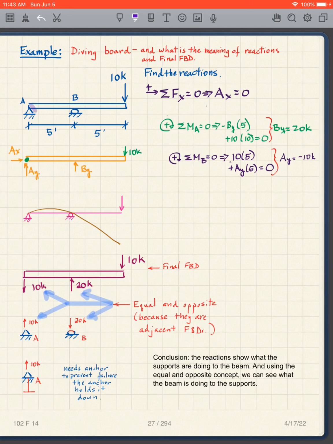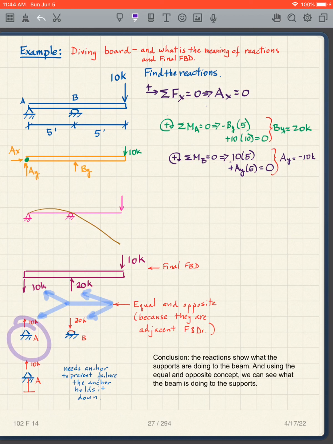And at this location, at the hinge, what are we doing? We're holding that diving board down, which means that if the hinge is pulling the diving board down, the diving board is lifting the hinge up. We're going to get into this in more detail.